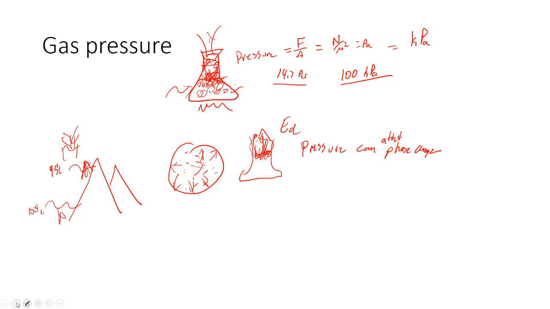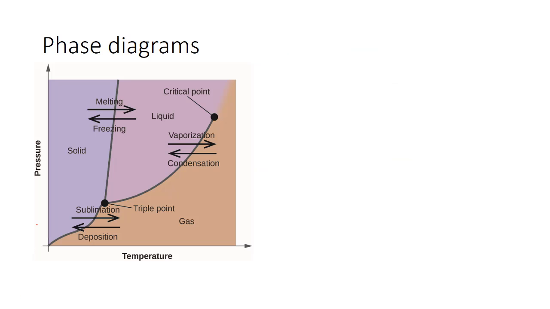Now, what I want to do is look at how pressure affects phase change. And so this is a phase diagram, and down here is temperature. As we move to the right, this is hotter, this is colder. And over on the left side is pressure. Up here it's high pressure, down here it's low pressure. Okay, so pressure increases over here. This right here is the triple point.